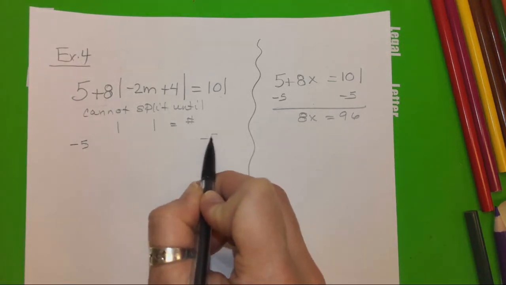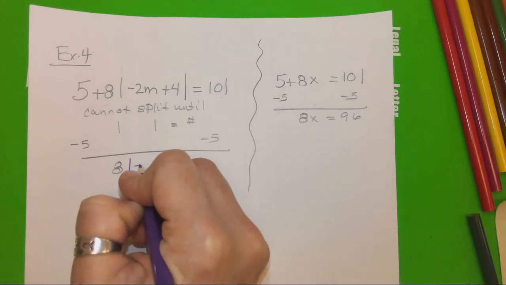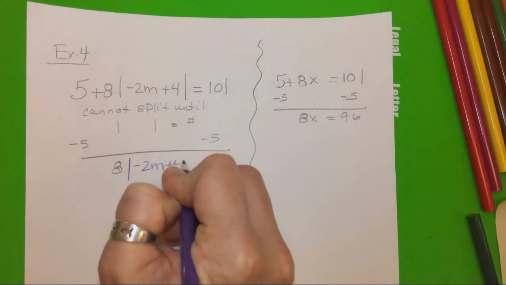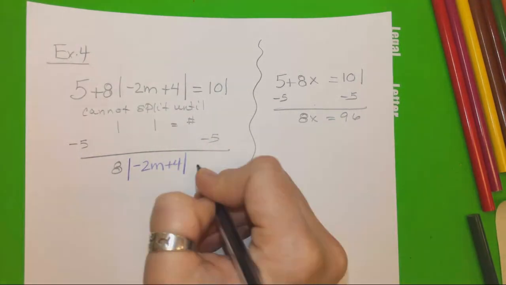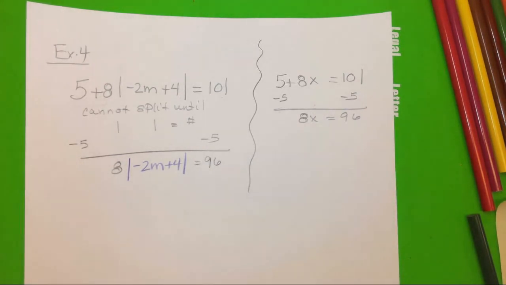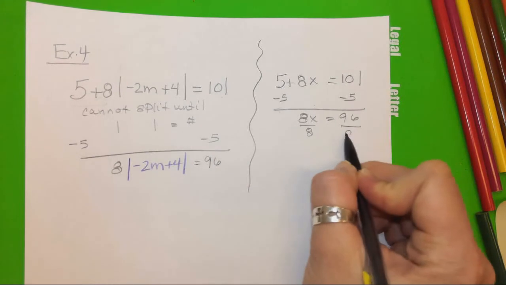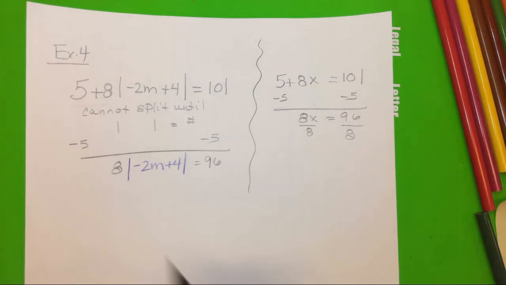So we're going to do the same thing over here. We're going to get rid of our 5, and we get 8 times the absolute value of -2m plus 4 equals 96. Now, the next thing that we would do over here is we'd divide by 8. We're going to do the same thing here.